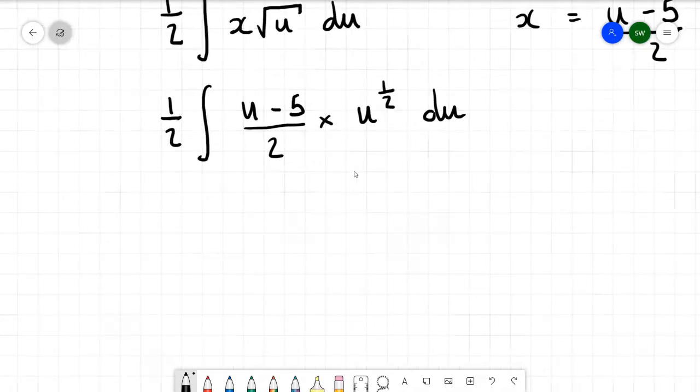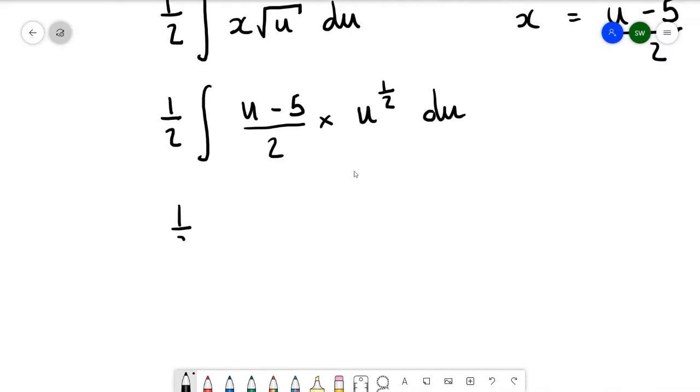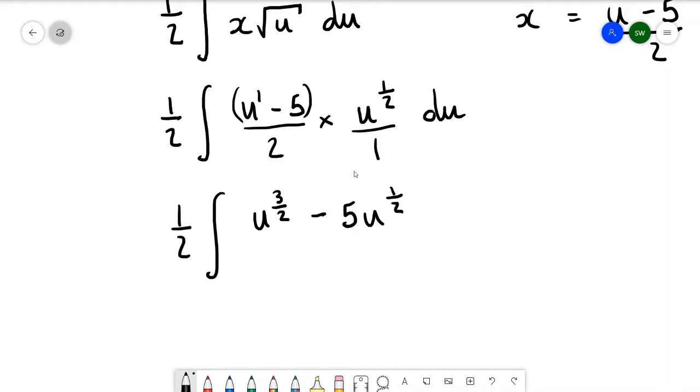And then I'm going to multiply out the numerator inside this integral. So I'm going to have u to the power of 1, because really I've got a bracket there on the numerator. You could write it like that even if you wanted to. So we've got u to the power of 1 times u to the power of a half, which is u to the power of 3 over 2, and minus 5 times u to the power of a half, which is minus 5 u to the power of a half, and on the denominator we're going to have 2.